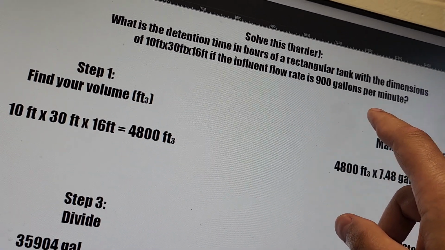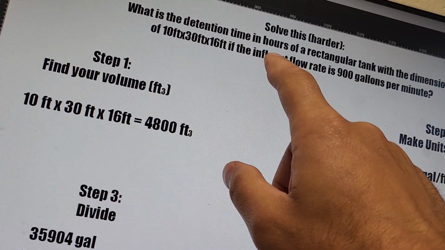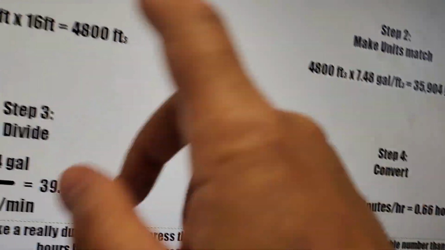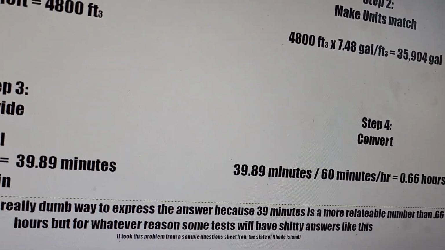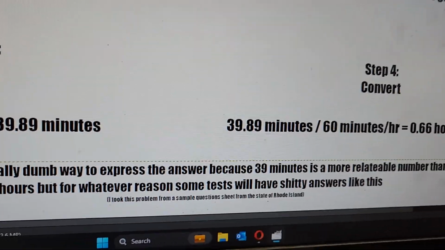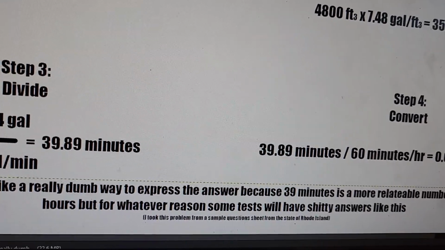You need to pay attention to what units the question is asking for, and you need to make sure those units are there at the end. Or else you'll end up like me on the first problem and get the question wrong because I said it was 3.6 days instead of 3.6 hours. Two completely different answers.